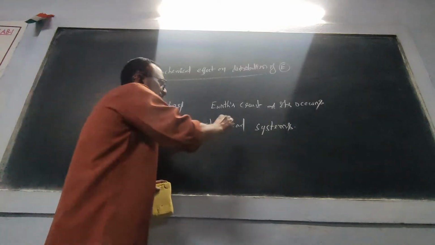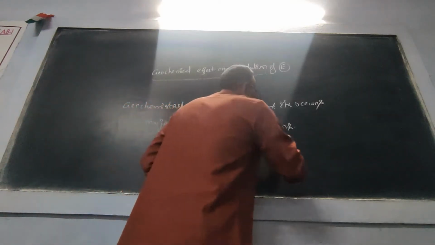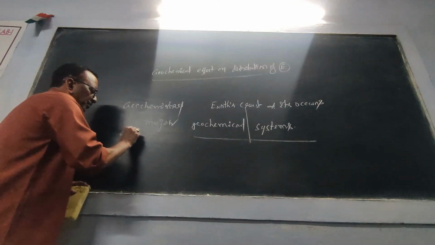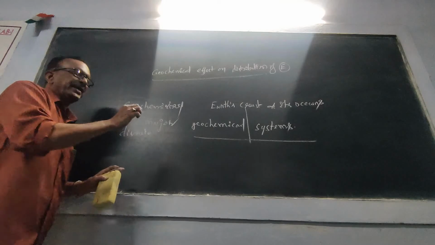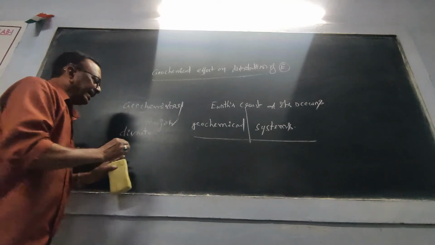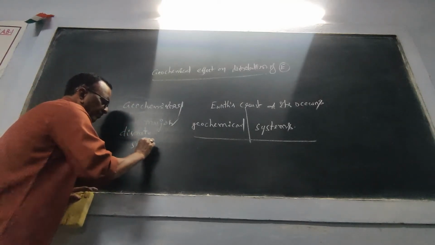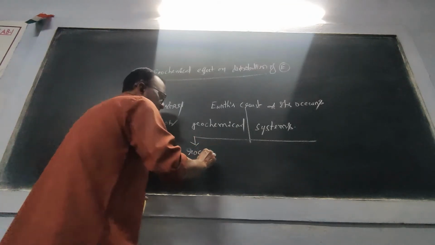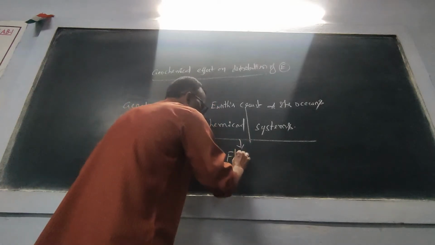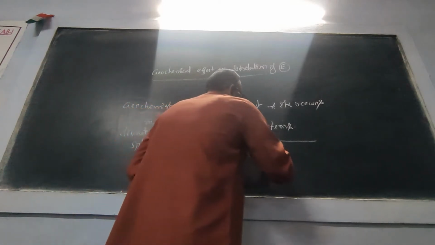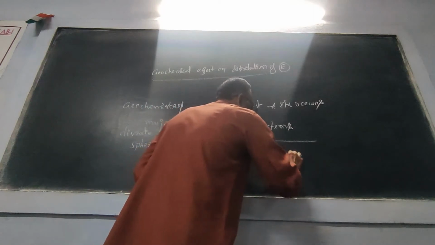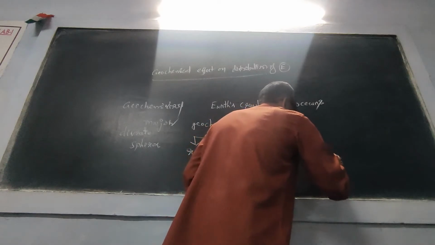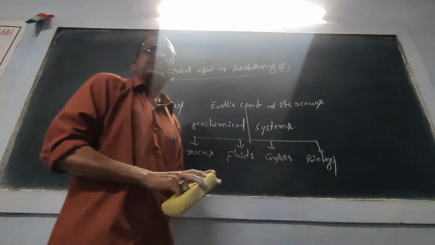Now this Earth's crust consists of discrete, meaning separate, spheres. One is rocks, another one is fluids, next we have gases, and finally we have biology, that is living organisms.